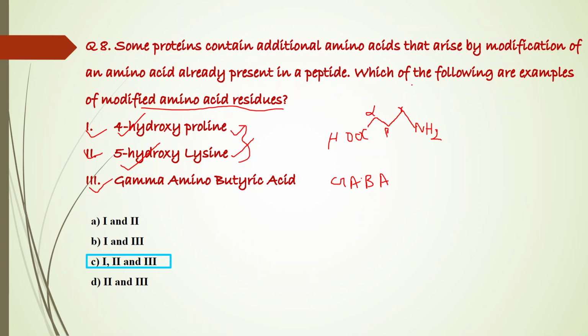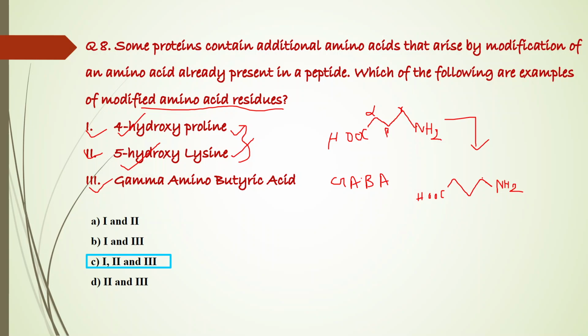So where does it come from? Does this resemble any of the essential amino acid structures? If I write it down again, suppose it is NH2, COOH. Again, sorry for this horrible handwriting.